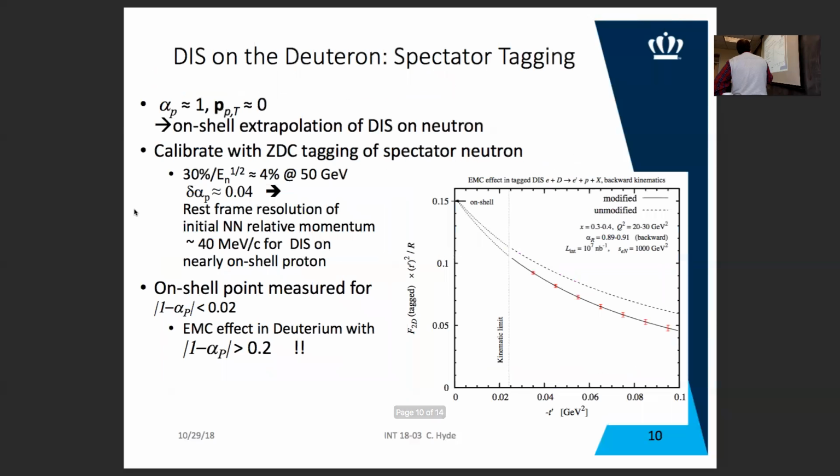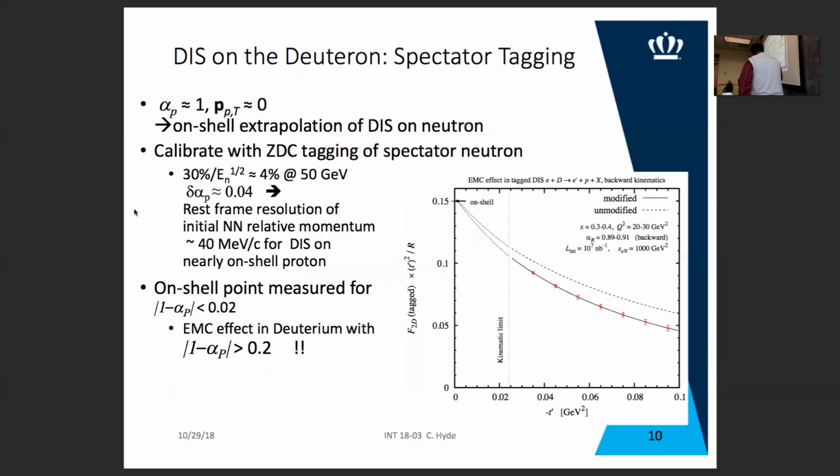But we can also measure a spectator neutron, with a state-of-the-art hadronic calorimeter, between 30 and 40% over root E energy resolution. That's 4 to 5% momentum resolution at 50 GeV neutrons.